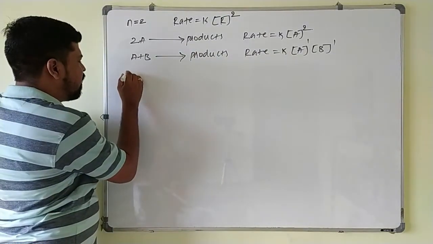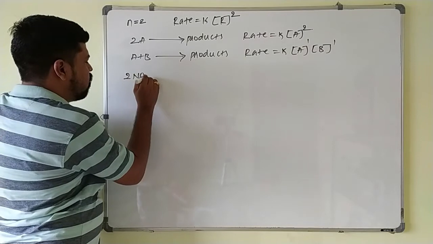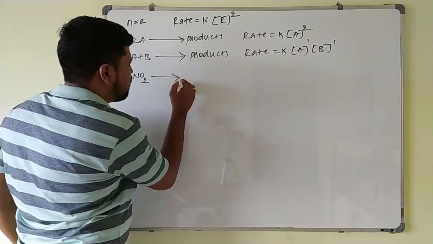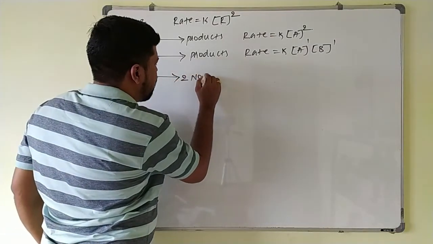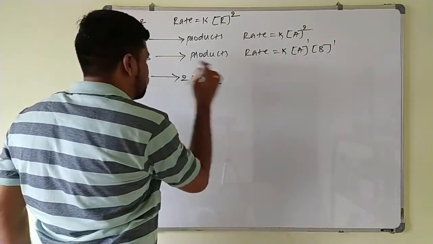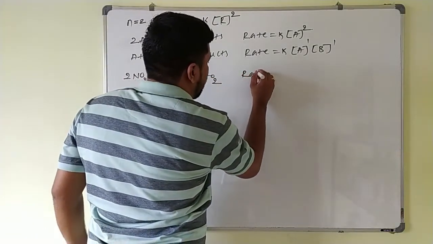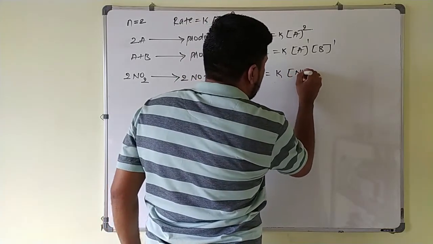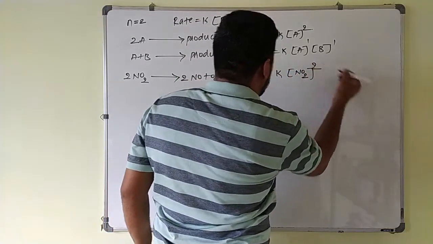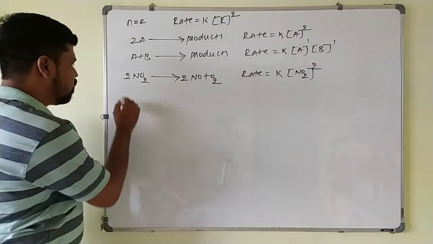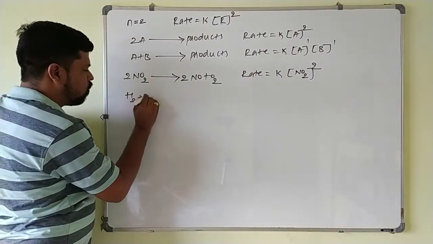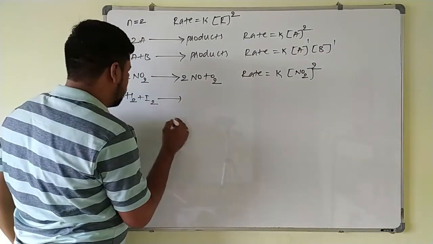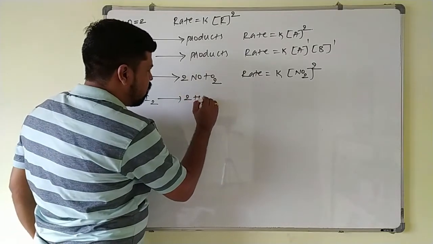For example, if I take 2 times NO2, this is giving 2 times NO plus O2. In this one, rate equation is equal to K into molar concentration of NO2 power 2. Similarly, if I write H2 plus I2, this is giving 2 moles of HI.